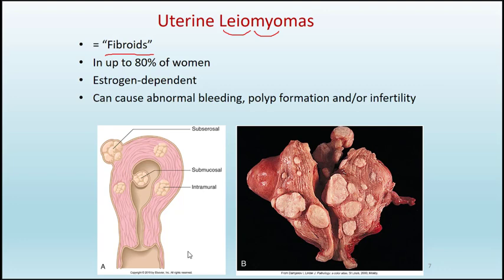Now, if you have a submucosal fibroid or uterine leiomyoma, it can lead to what's called a polyp. And really a polyp is just the extension here off of the wall into the uterus. And these polyps themselves can bleed.